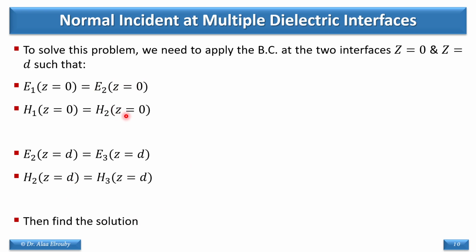So we have 4 equations, all of them linear, and 4 unknowns, so we can solve those 4 equations together and find E reflected, E2 plus, E2 minus, E3. So this is how we handle the case of multiple dielectric slabs with normal incidence.